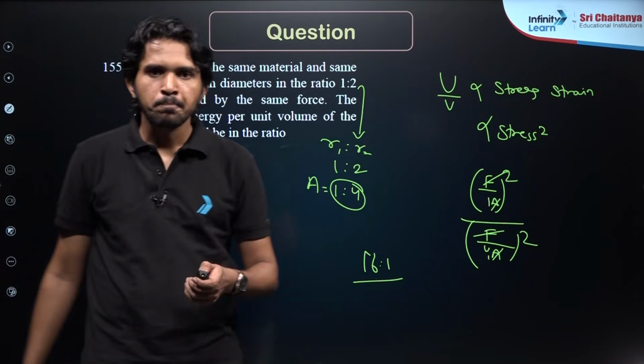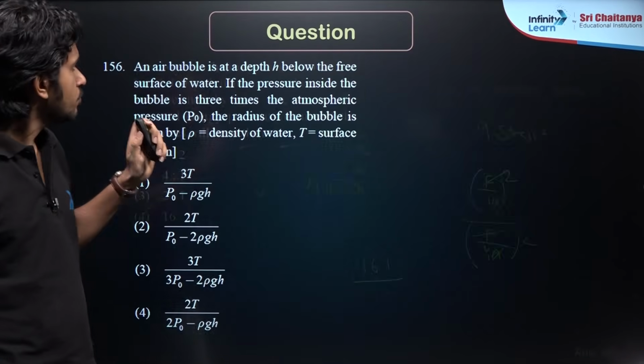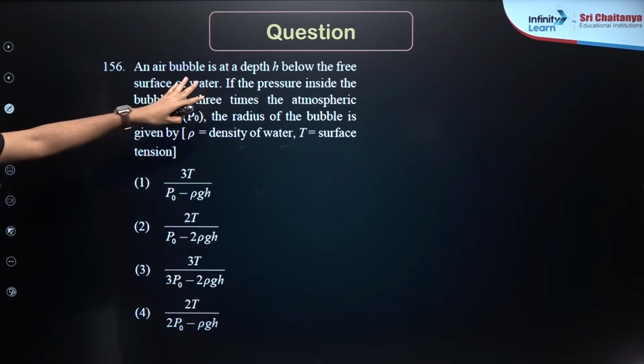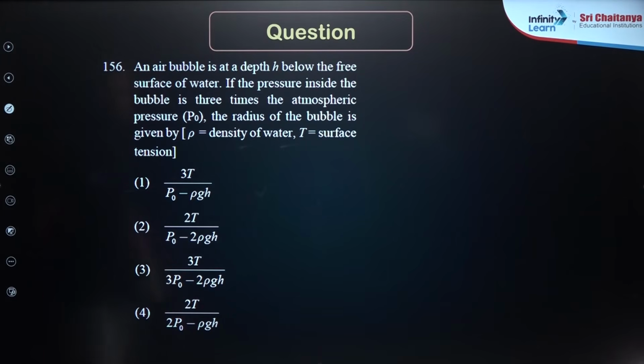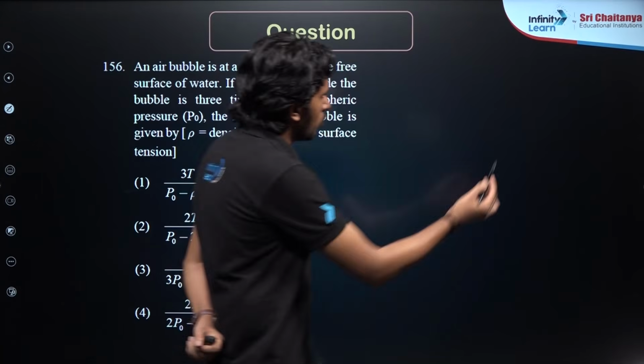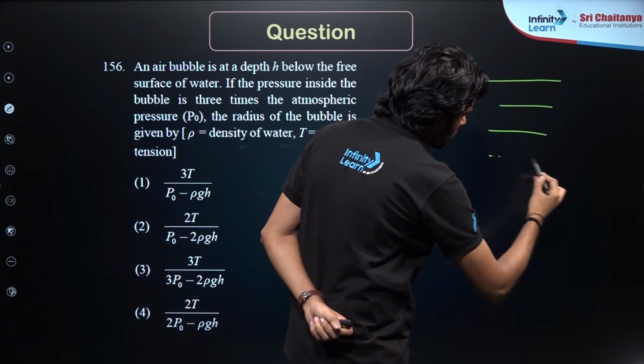Simple problem. Then we have an air bubble at a depth h below the free surface of water. If the pressure inside the bubble is 3 times the atmospheric pressure. Look at here, it is at depth.